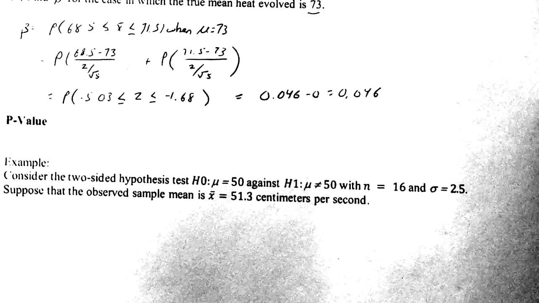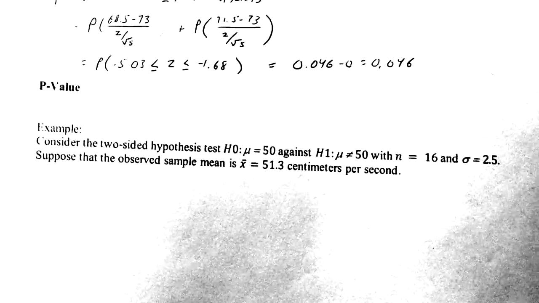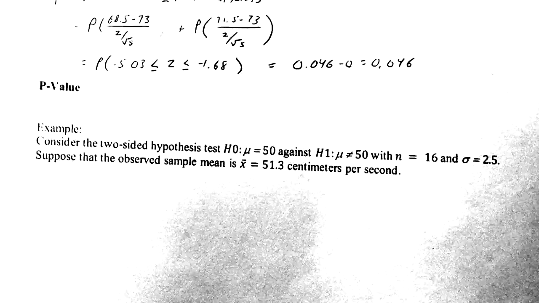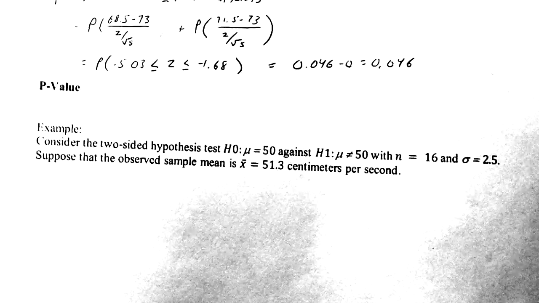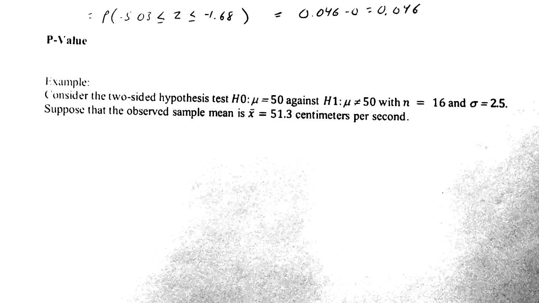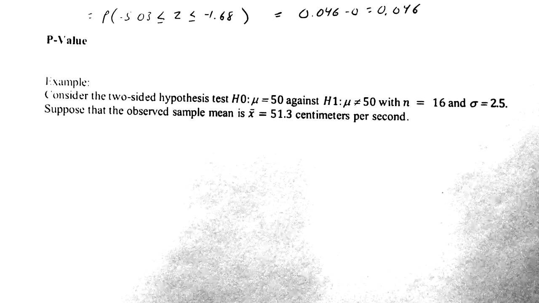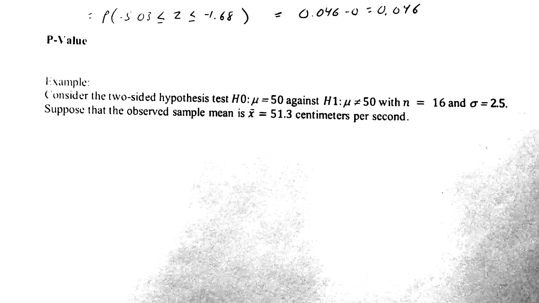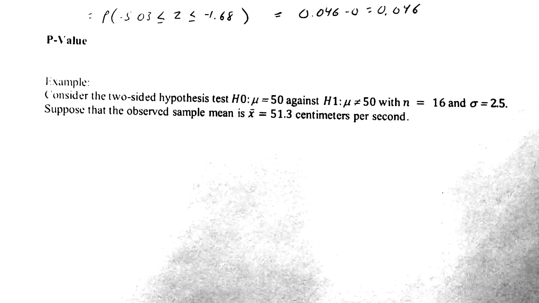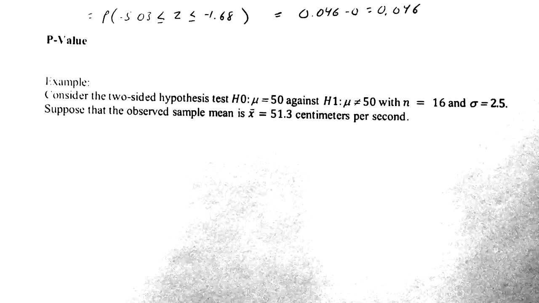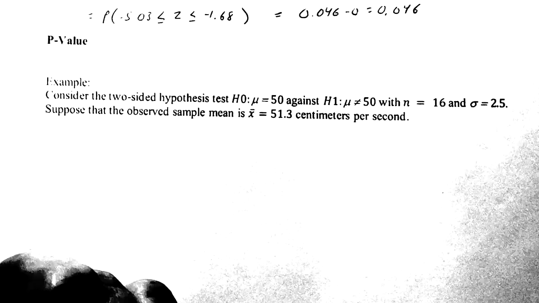And so if you look at a p-value, the final thing we'll work on calculating today is the p-value. The p-value is looking at the smallest level of significance that would lead to a rejection of H0. So how tight can your data be?